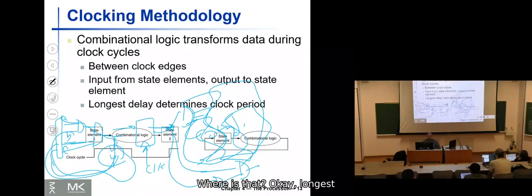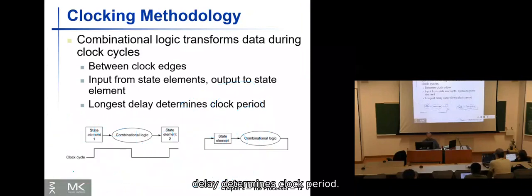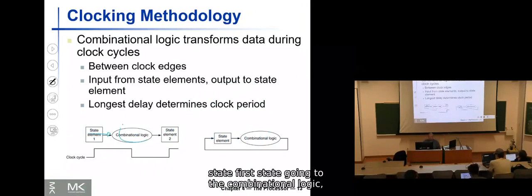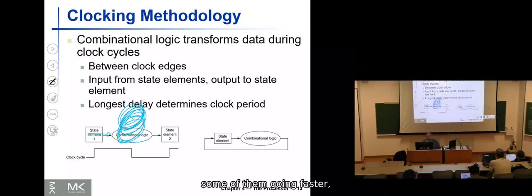Longest delay determines clock period. You see, the output of registers, the state, goes to the combinational logic, doing some operations, but it takes time. Some of them go faster, some of them go slower.